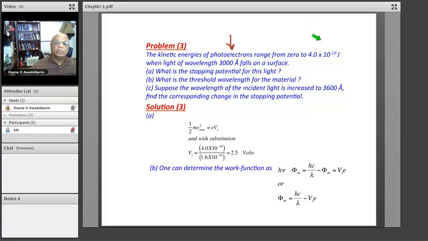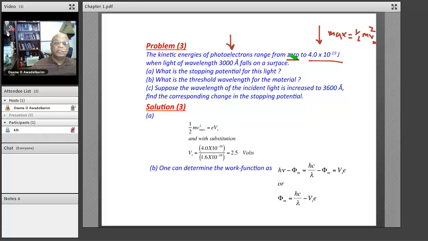That means this is the maximum kinetic energy. This is actually half m v max squared, which is the maximum value.